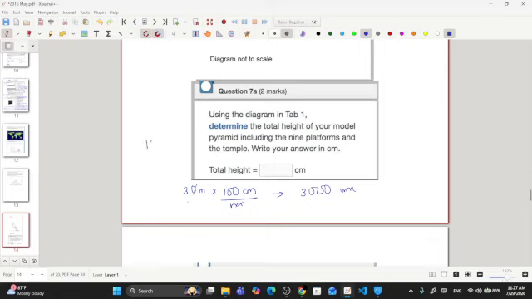And because the ratio was 1 to 100, this has to be divided by 100. So that's essentially equivalent to 30 centimeters. So that's 7 part A for you.